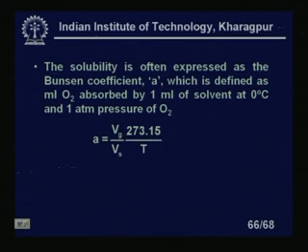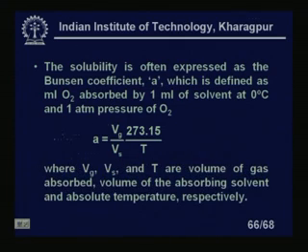This is my expression: A equal to the Bunsen coefficient equal to Vg times 273.15 upon Vs times T, where Vg, Vs and T are the volume of the gas absorbed, the volume of the absorbing solvent, and the absolute temperature respectively.